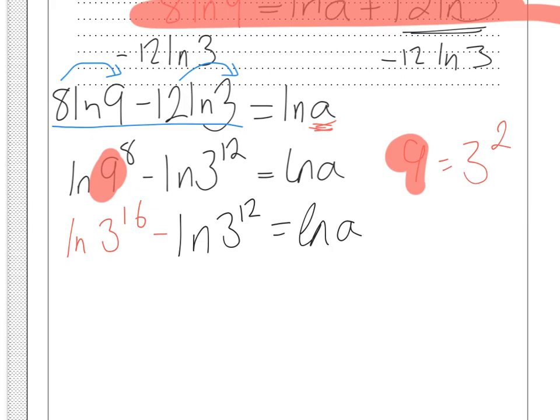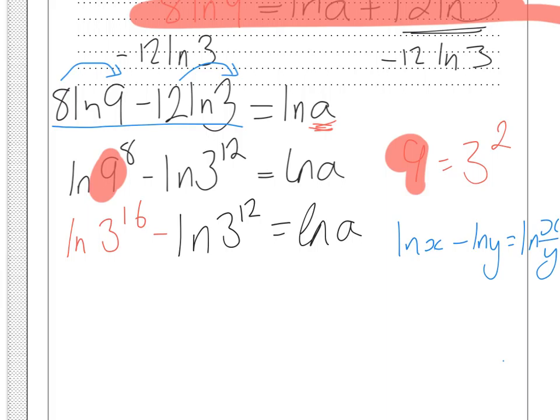And then I can use my division law. Let's not use A, so that's going to confuse things. Let's write the division law like this. ln x minus ln y is the same as ln of x over y.